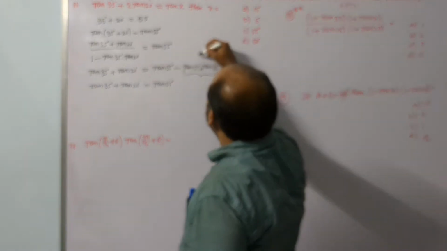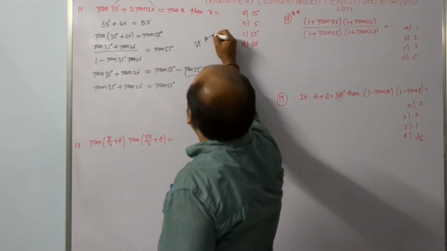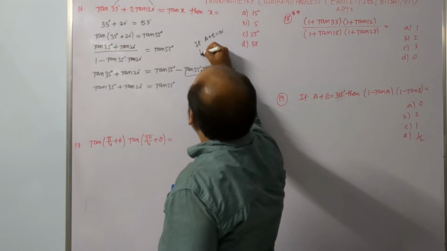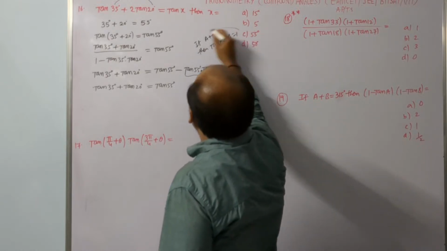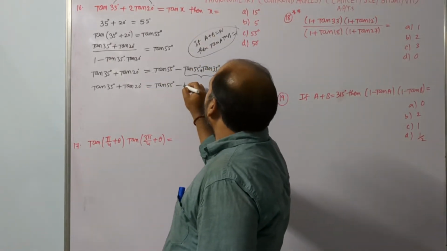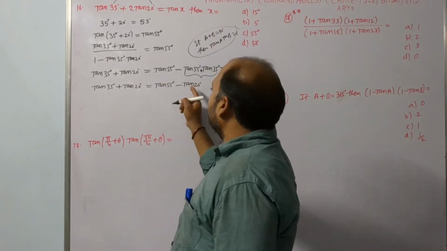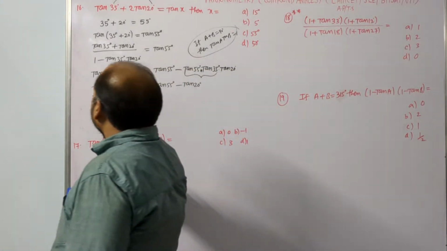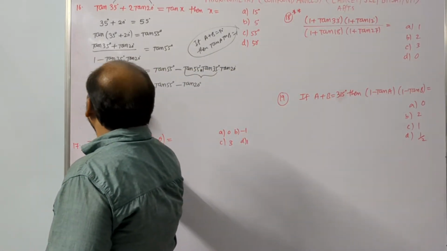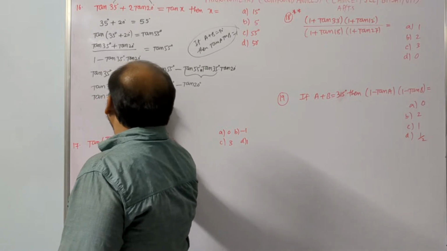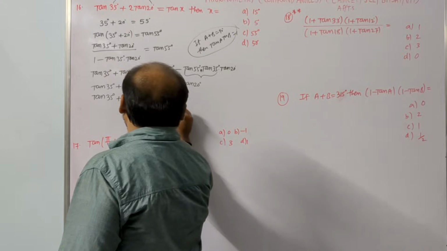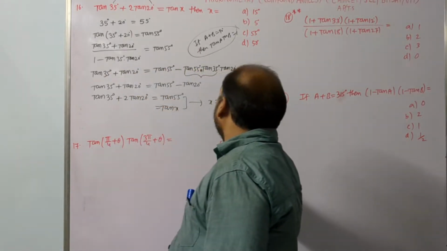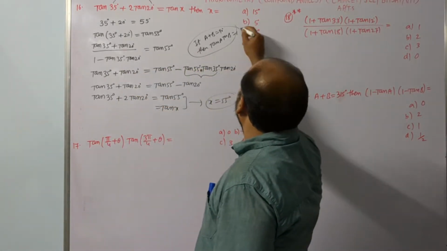Why? Because if a plus b is 90 degrees, then tan a into tan b is equal to 1. So minus tan 20 only is available here. Bring it to this side. So tan 35 degrees plus 2 tan 20 is equal to tan 55. Compare this with tan x. So x is equal to 55 degrees. It is there in the third option, dear students.